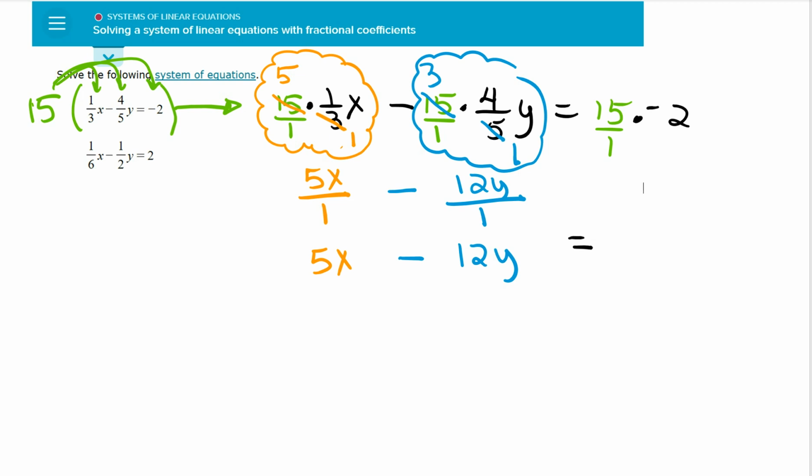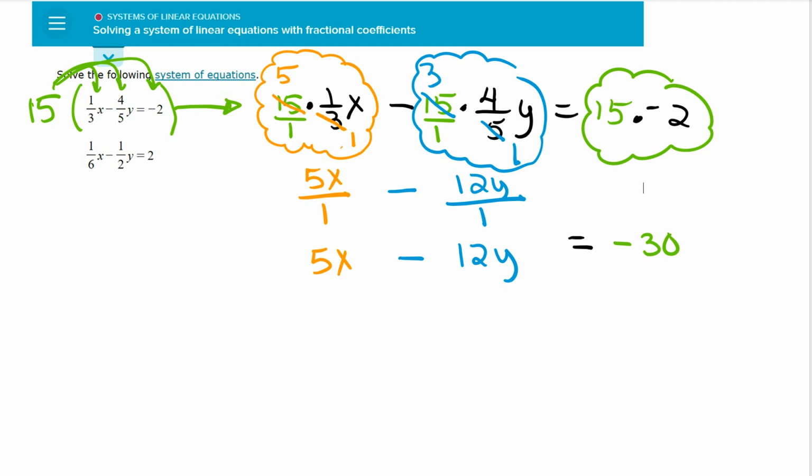Now over here on the other side, all I'm going to do is simply take 15 times -2. Since that -2 wasn't a fraction, I really didn't need to put that 15 over 1 at all. And 15 times -2 is -30. Okay? So there's that equation.